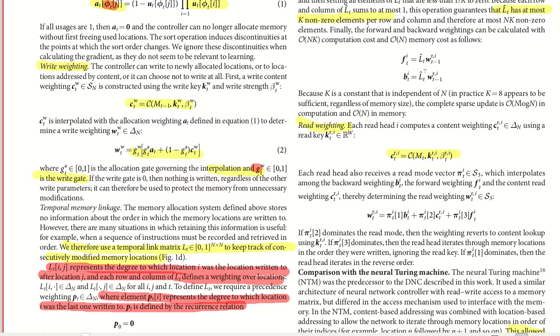So here before and here after. So this is forward and backward, and this way we can either go forward in a sequence or go backward in a sequence.